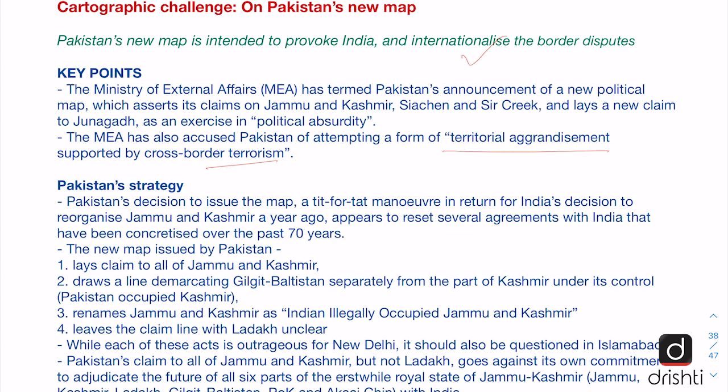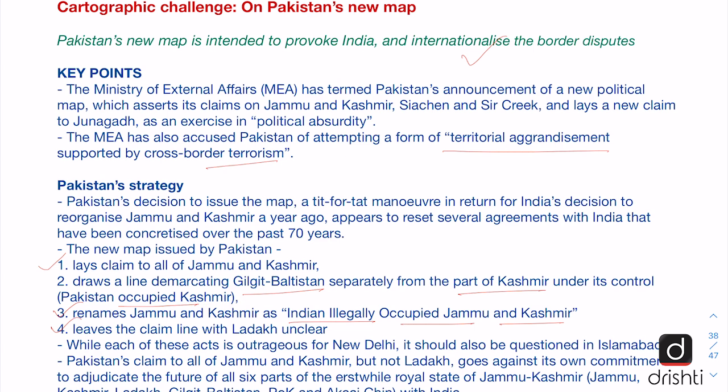And the new map, which has now been issued by Pakistan, lays claim to all of Jammu and Kashmir, and it also draws a line demarcating Gilgit-Baltistan separately from the part of Kashmir under its control, which is known as Pakistan occupied Kashmir. Also, it has renamed Jammu and Kashmir as Indian illegally occupied Jammu and Kashmir in the new map.